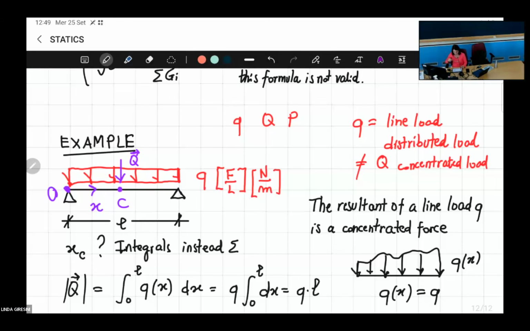And indeed, QL is a force, because it's force over length times length. Clear?